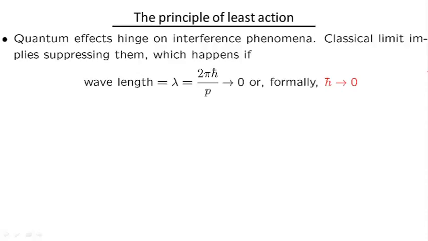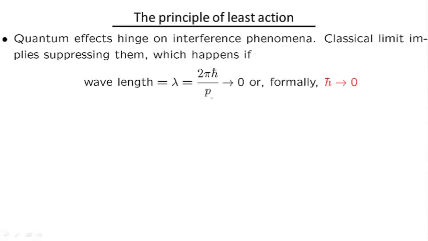Let us recall that the most interesting quantum phenomenon, the way quantum mechanics was actually discovered, implied interference between different waves, wave functions describing a particle. So if we want to kill the quantum mechanical effects, we want to suppress the interference phenomena, or we want to make the wavelength as small as possible.